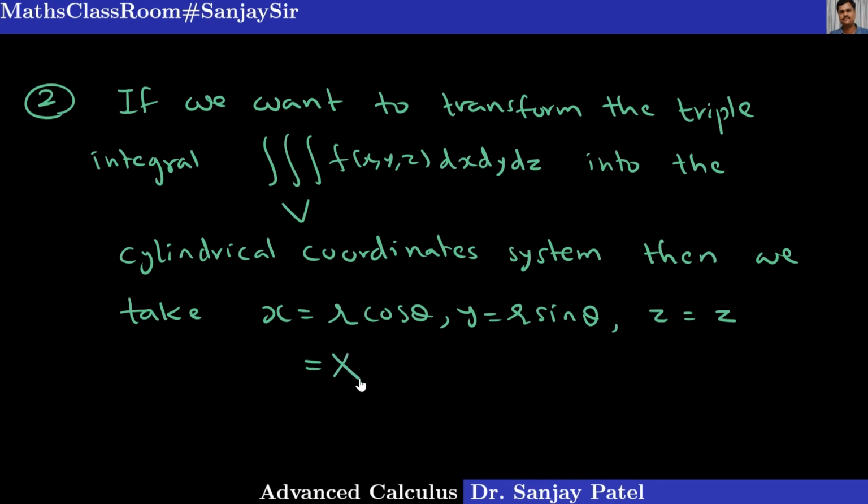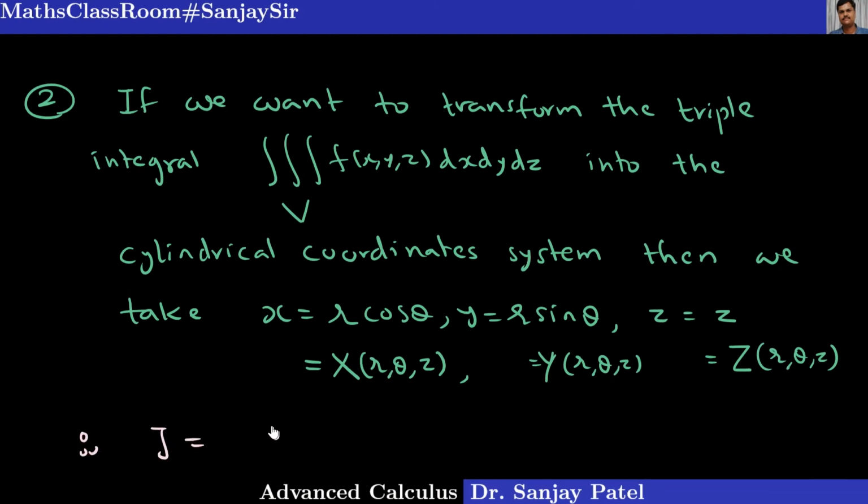So x is a function of r, theta and z, y is also a function of r, theta and z, and z is also a function of r, theta and z. First of all, we have to find the Jacobian.